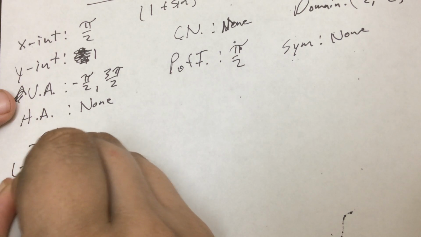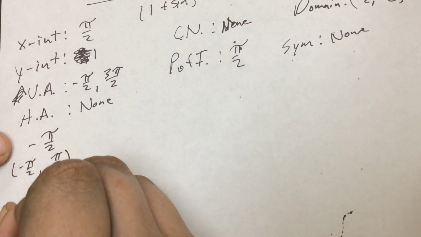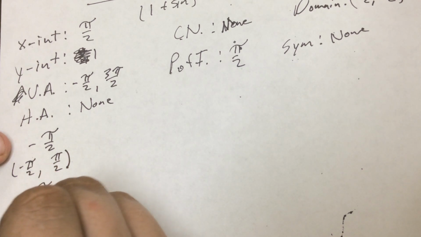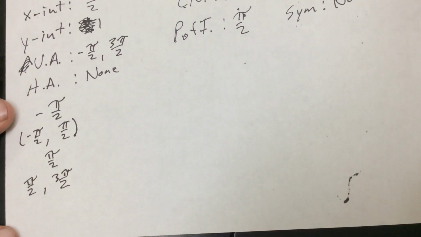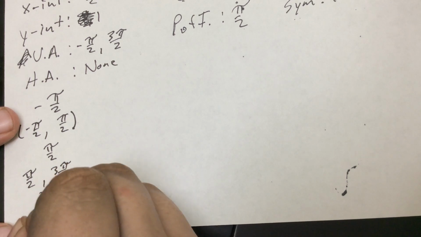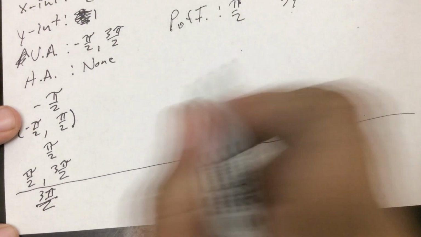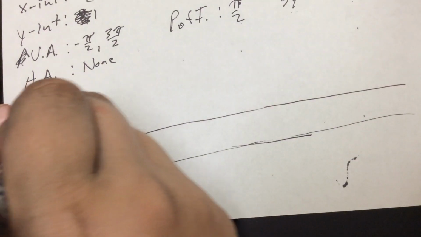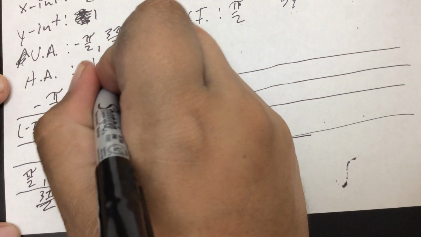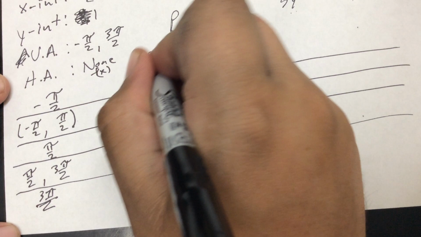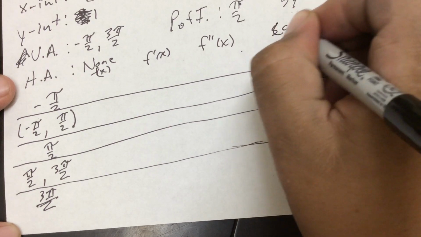From negative pi over 2 to pi over 2, from pi over 2 to 3 pi over 2. 3 pi over 2 is going to be our last one here. So f of x, f prime of x, f double prime of x, and conclusion.